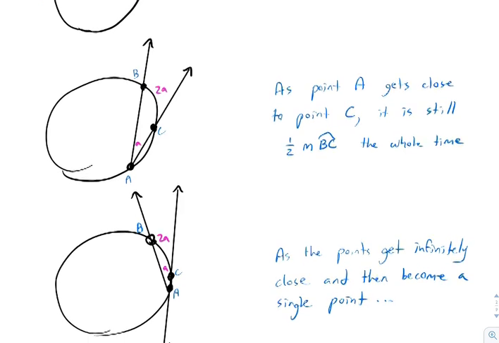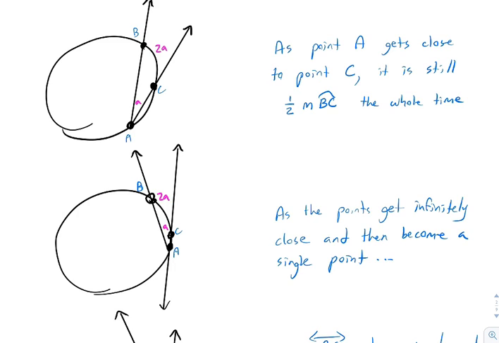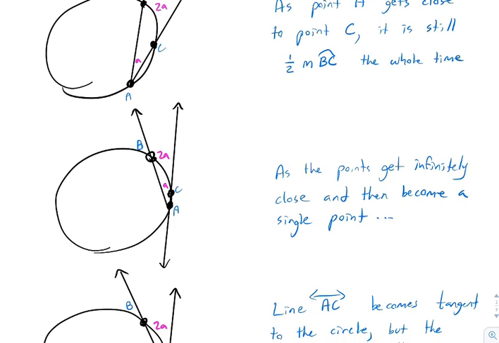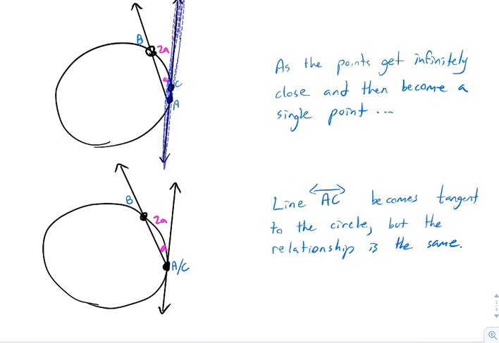But what if I make it so infinitely close that it actually merges with C and becomes point C? Instead of line AC being a secant line anymore, it becomes a tangent because it only hits the circle at a single point. And look what we have. We have that same angle A still opening up to an arc of 2A. We could prove this more rigorously, but I just wanted to show you that's my way of viewing this.